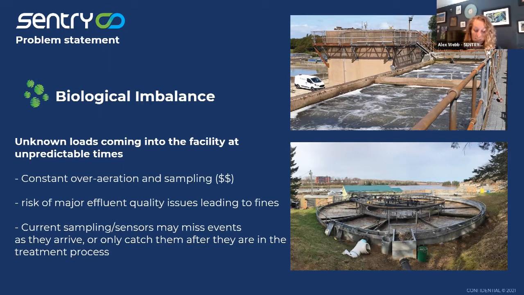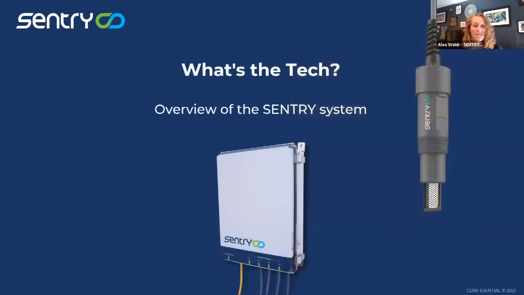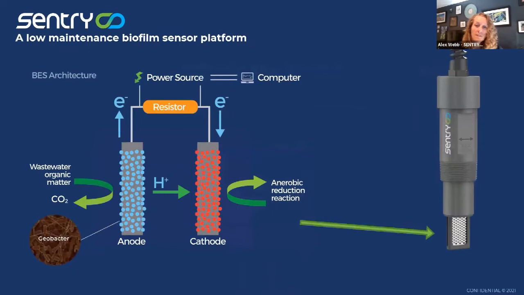All right. So now that we've discussed the specific problem statement, let's talk a little bit about what is a SENTRY system. SENTRY is a low maintenance biofilm sensor. It's a simple probe consisting of 2 electrodes. Biofilm grows on the surface of the anode.